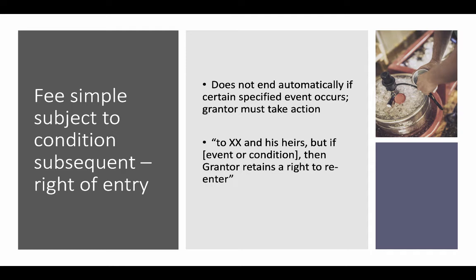In that case, Sam would still own the property as a fee simple subject to a condition subsequent. And if John ever decided that he did want to re-enter and take the property back for that condition happening, he could take that action and pull the property back.